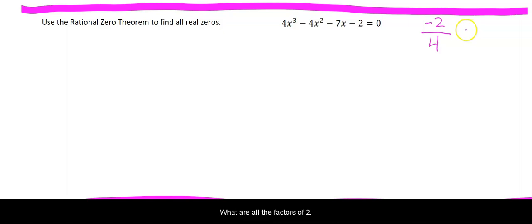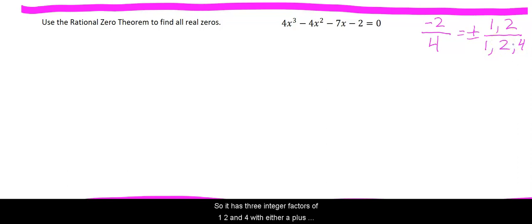What are all the factors of 2? The factors of 2 are 1 times 2. There are no others. 4, however, has 2 pairs of factors, 1 times 4 and 2 times itself. So it has 3 integer factors of 1, 2, and 4 with either a plus or a minus sign.